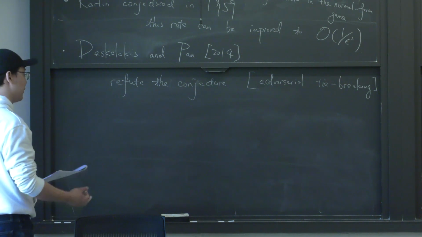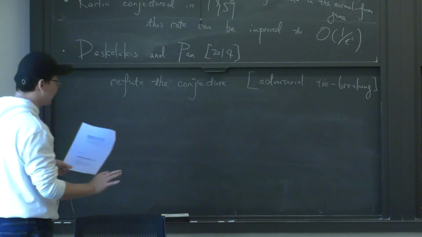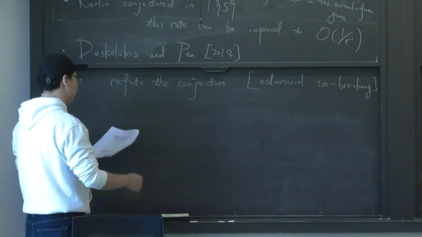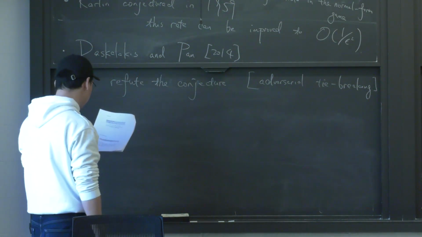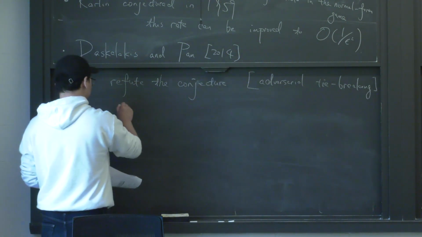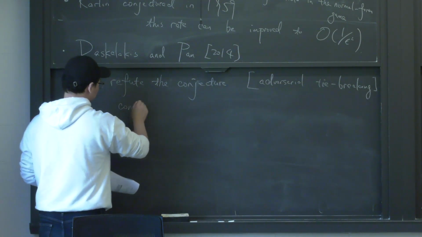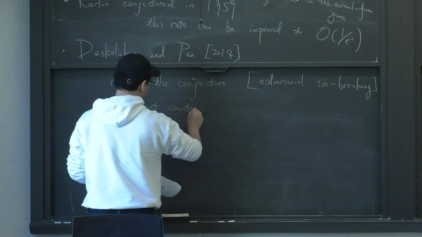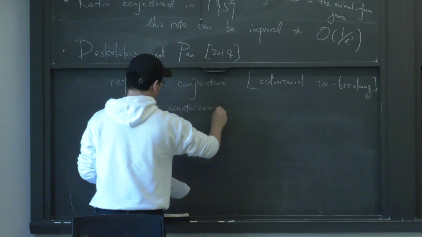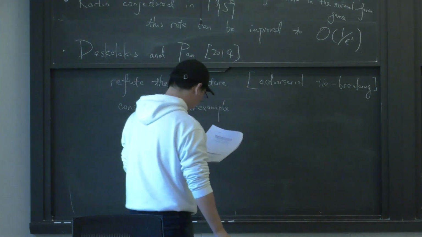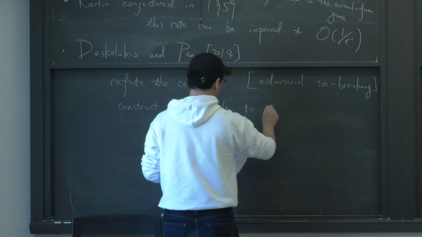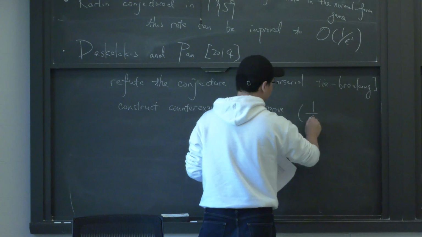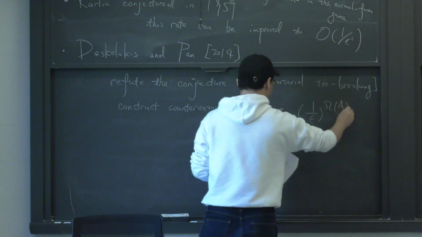But if we have this very strong adversarial tie breaking, then they can construct a counterexample to prove you actually require something exponential in A. This is unavoidable.